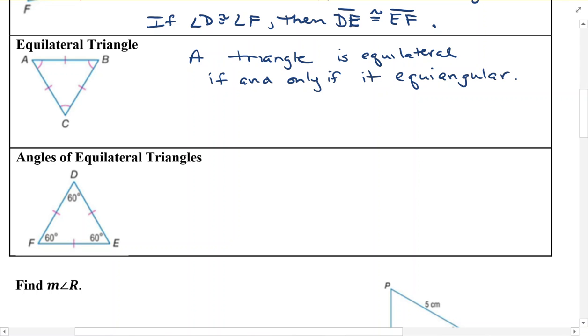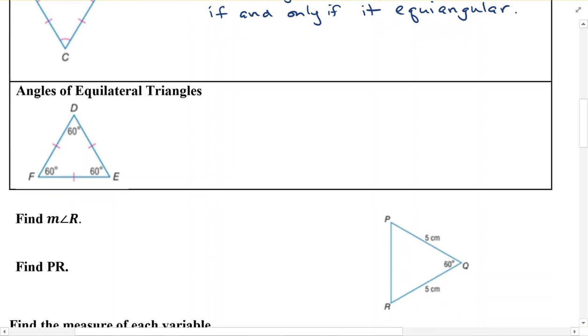So an if and only if statement means it doesn't matter which way it goes. If a triangle is equiangular, then it's equilateral. If a triangle is equilateral, then it's equiangular. And I think we've already discussed that the angles of an equilateral triangle are always 60 degrees because you divide 180 by 3.